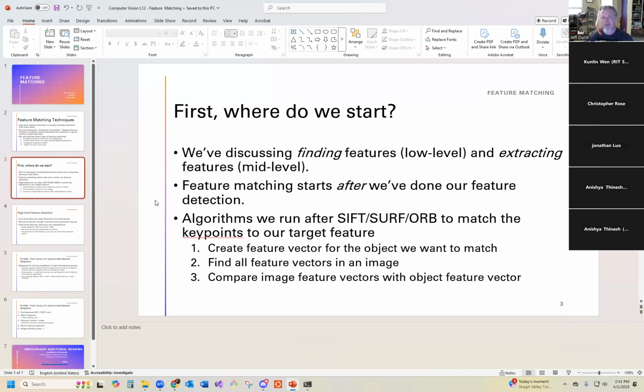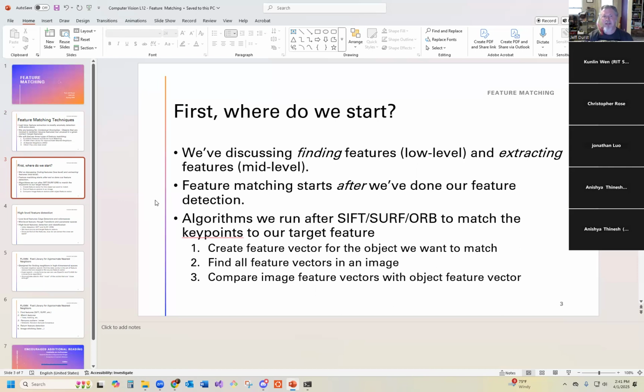To reiterate, we know how to find features with the low-level algorithms we talked about, like edge detection and view transforms. We talked about extracting features with SIFT and SURF. The thing to remember as we go forward with feature matching is that we have to extract key points first.